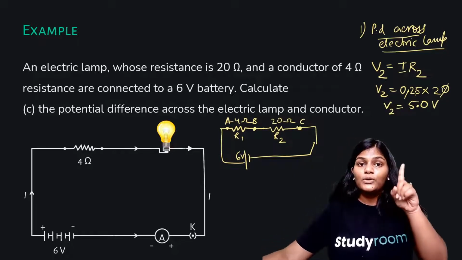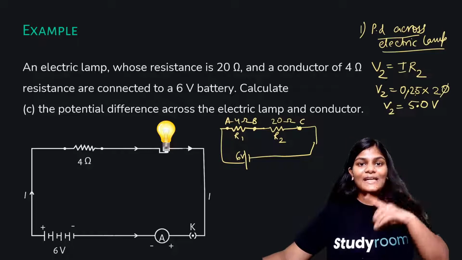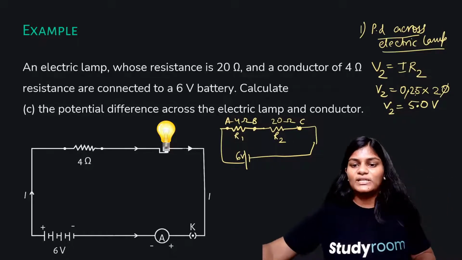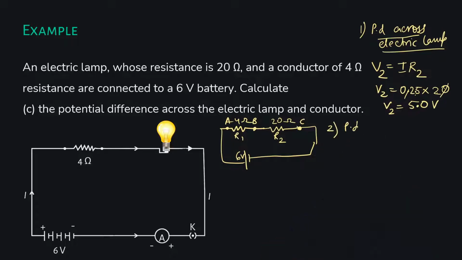Now you are going to understand why I said it's actually the addition of all the voltages across the resistors in just 1 second. When we calculate the second part, which is potential difference across the 4 ohm resistor, then what happens? That is V1 is equal to IR1.